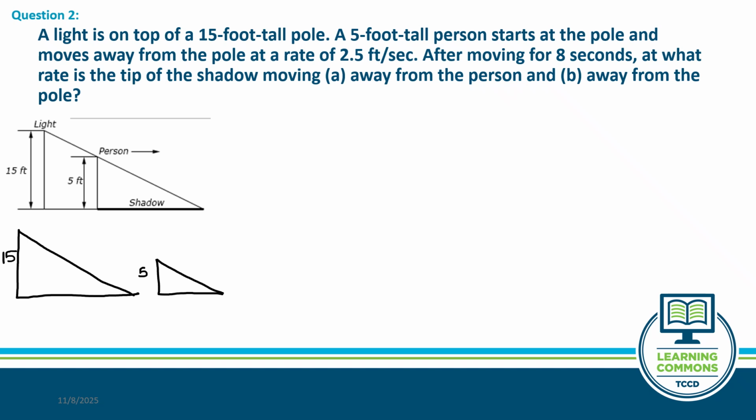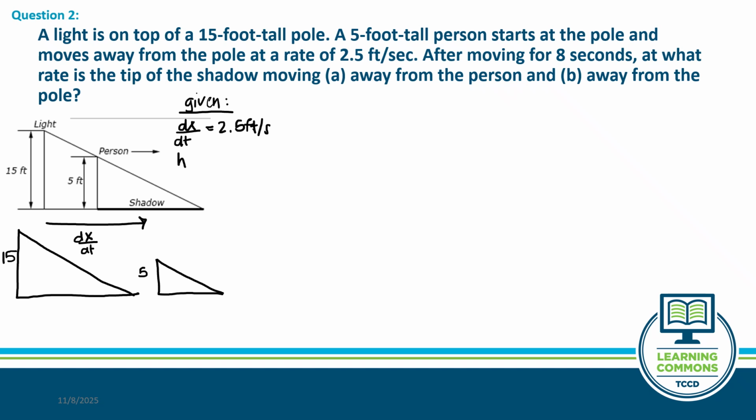Okay, and then my givens, moving away from the pole, so that's this motion, is dx/dt is 2.5 feet per second.